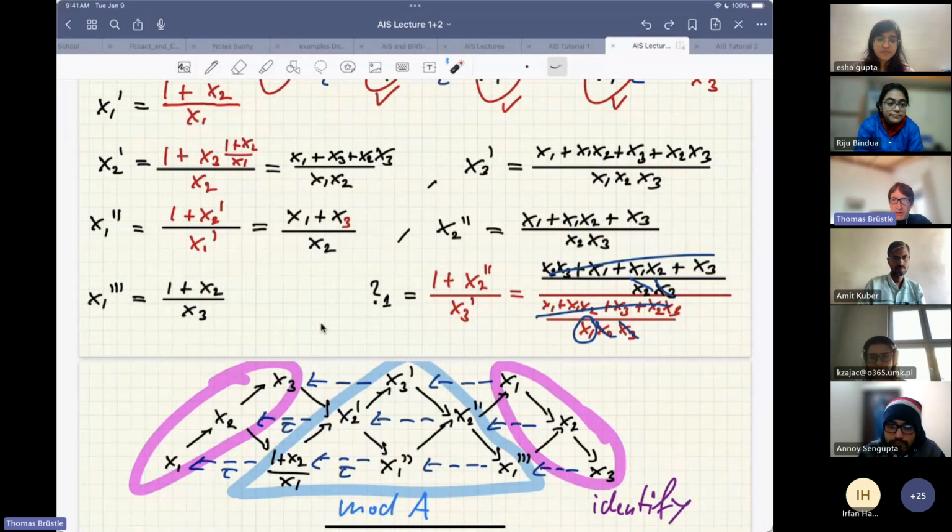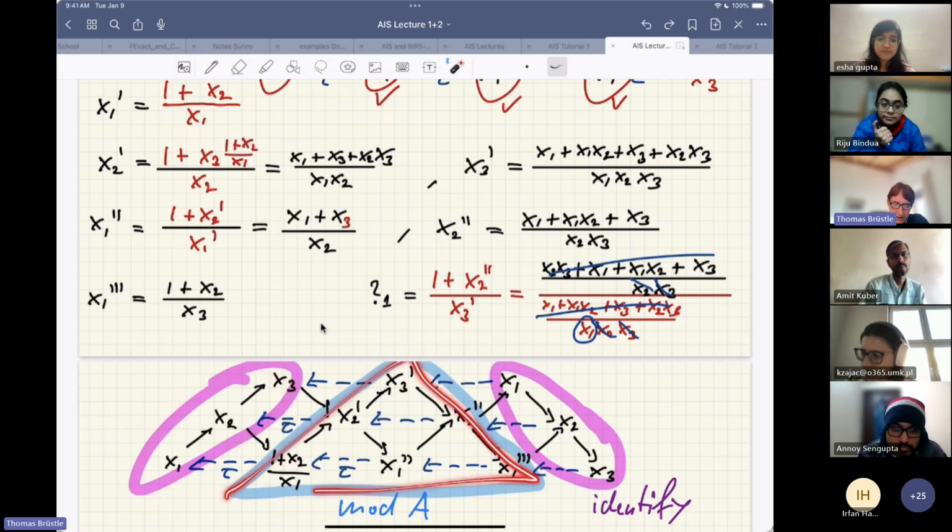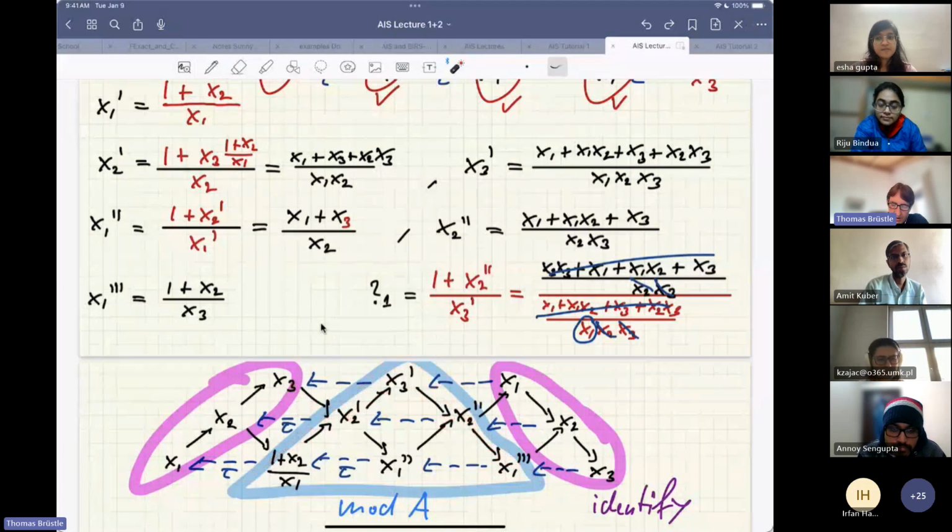So we find the dimension vectors of the indecomposable representations as exponents in the denominator. And the important thing is, besides the initial cluster variables and all the non-initial cluster variables, if we just continue the knitting procedure, we fall back to the initial cluster variables.